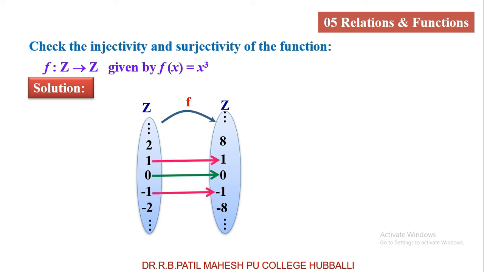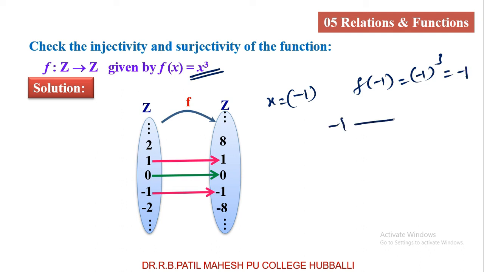Minus 1 is related to minus 1, because if you take minus 1 as the x value, f of minus 1 will be, according to this function, minus 1 cube. That will be minus 1. So, minus 1 is related to minus 1. Let me take 2. f of 2 will be 2 cube, that is 8. Means 2 is related to 8.